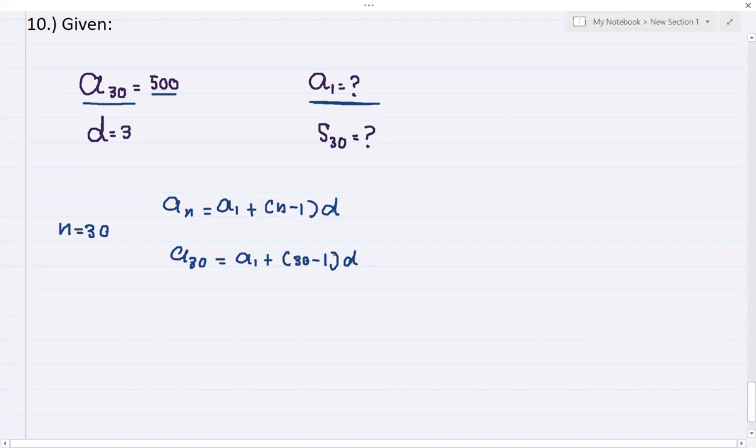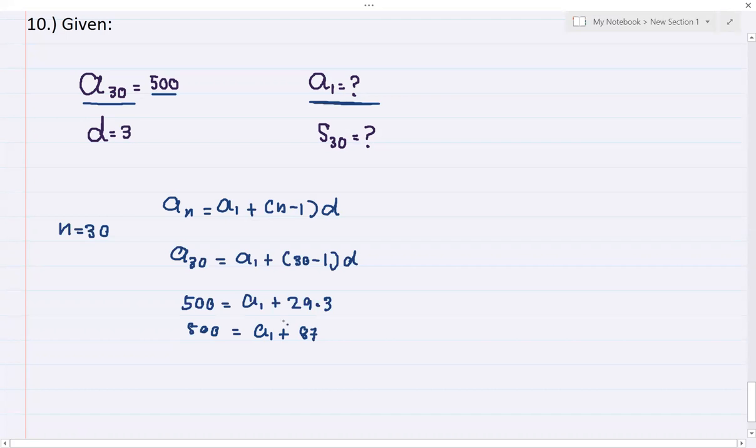Now let's substitute. Your a sub 30 is 500 is equal to your a sub 1 is still missing, plus 30 minus 1 is 29, and your d is 3. So times 3. So 500 is equal to a sub 1 plus 29 times 3, you will have 87.